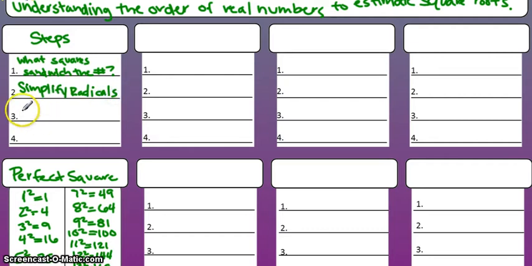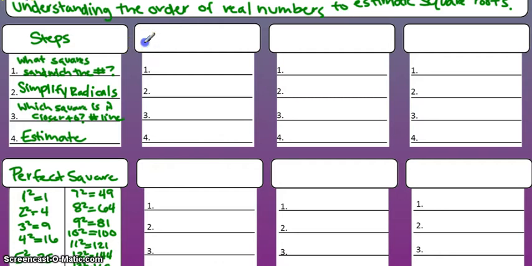The third step is, which square is it closer to? For that step, what you're actually going to do is a number line. Then step number 4 is going to be estimate. So you might be wondering what some of this means, so hopefully I'll explain it.